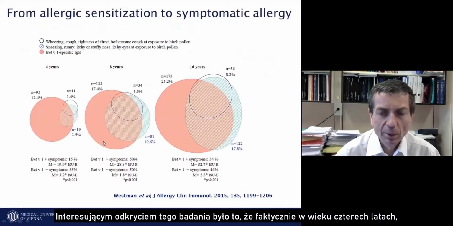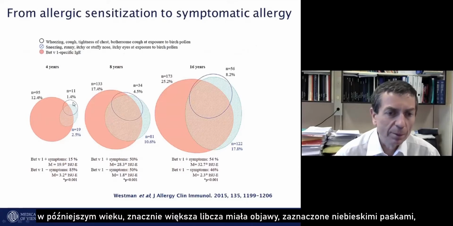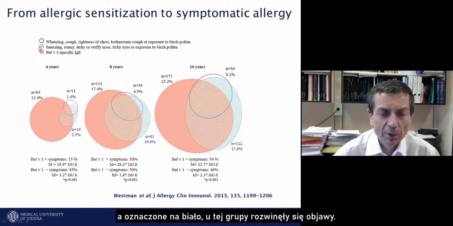And the interesting finding of this study was that actually at 4 years, many of the children had only Bet v 1 specific IgE, these are the pink ones, whereas later on, many more of them become symptomatic. These are the ones, blue cross-hatched and white, that develop symptoms.